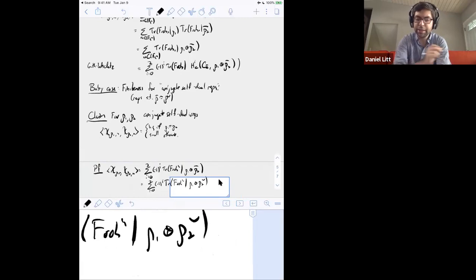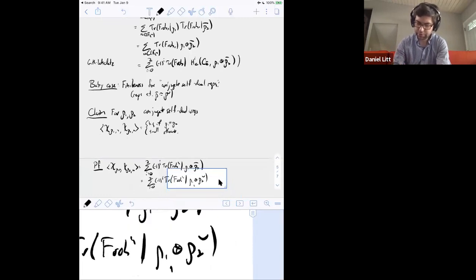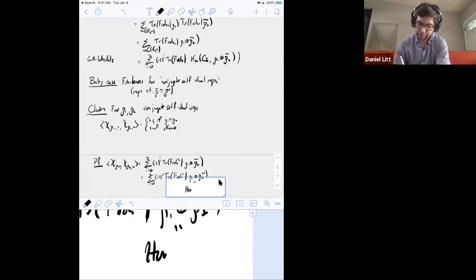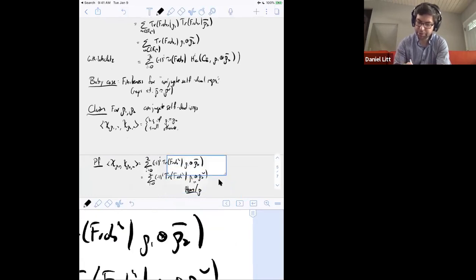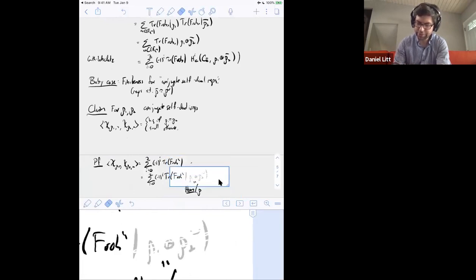Okay, and this latter thing is just Hom from rho_2 to rho_1, right? Oh, I'm sorry, there should be some cohomology groups here. I forgot the i's.